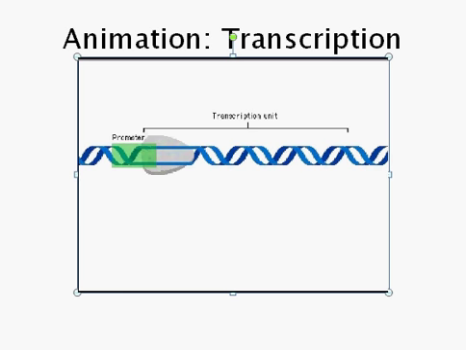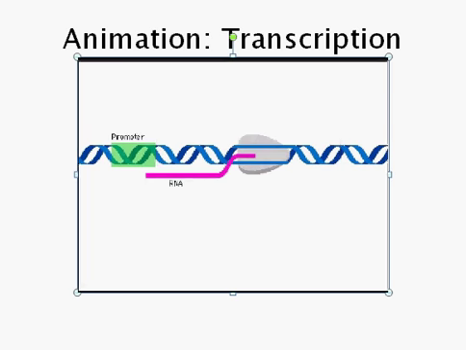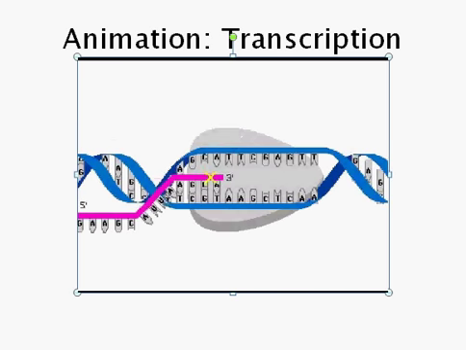RNA polymerase moves along the DNA, pairing up RNA nucleotides with their DNA complements, adding nucleotides to the end of the growing RNA molecule. Here's a close-up view of elongation. Only one DNA strand, the template strand, serves as a template for RNA synthesis.